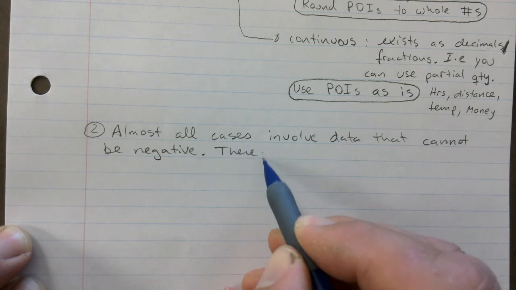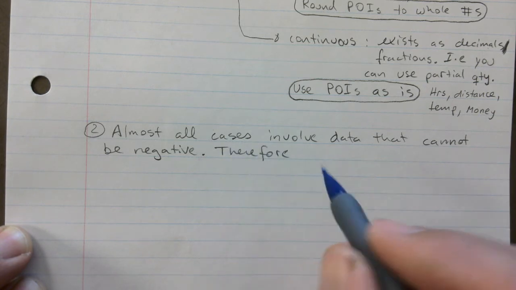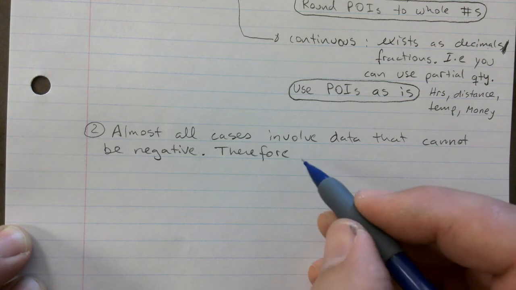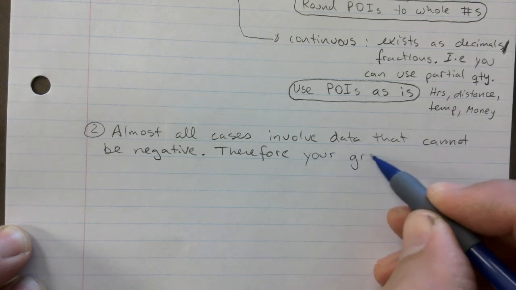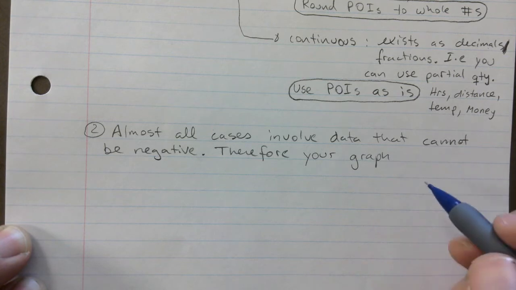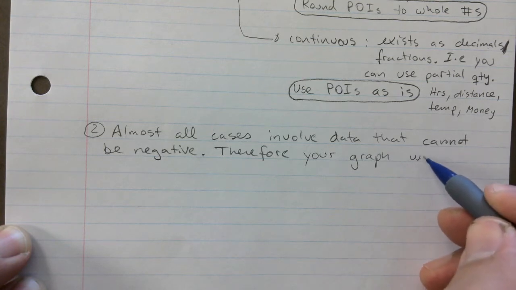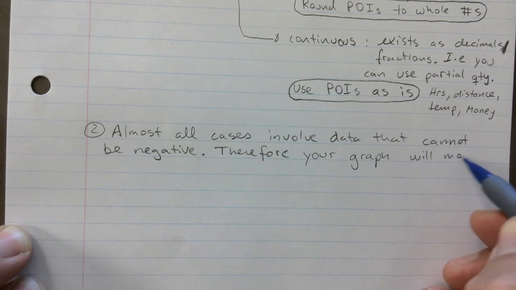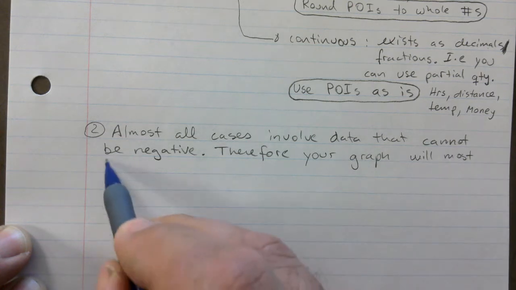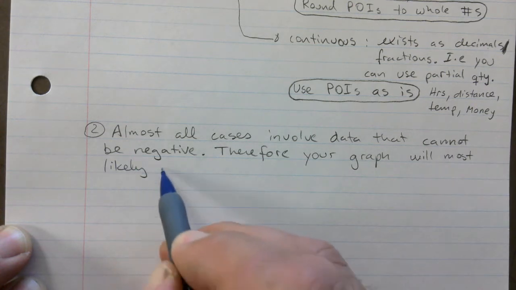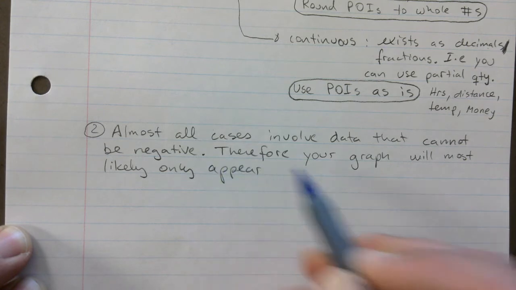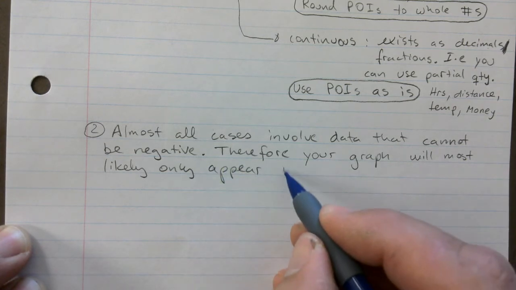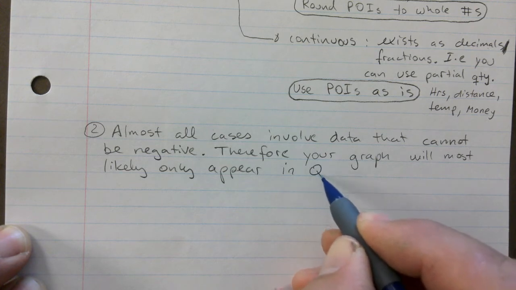Therefore, your graph will most likely only appear in quadrant 1.